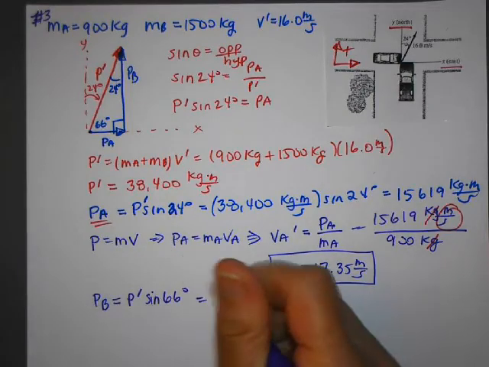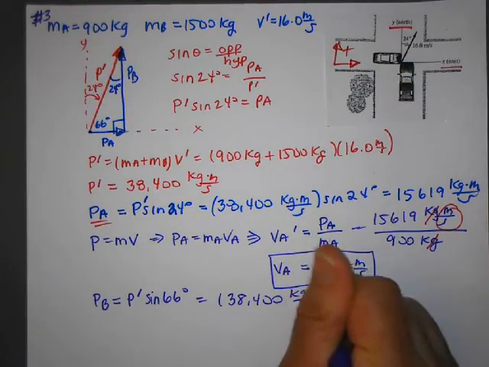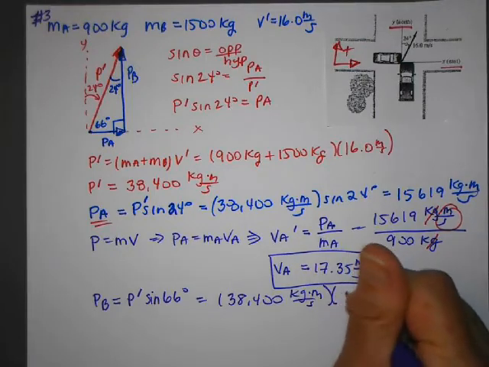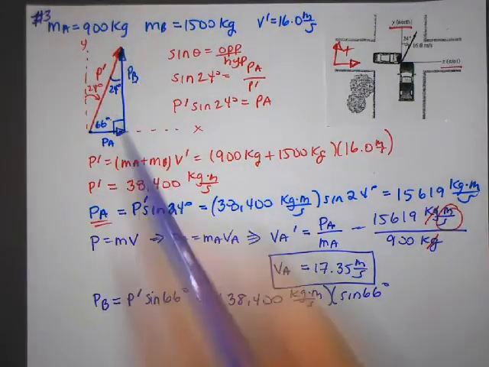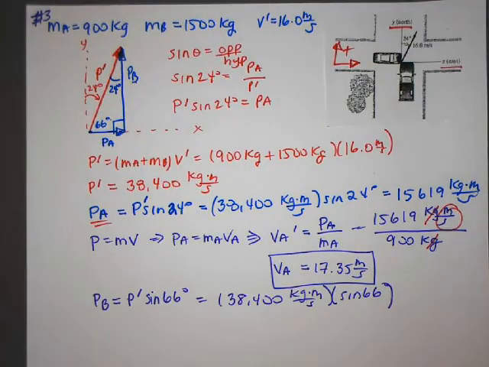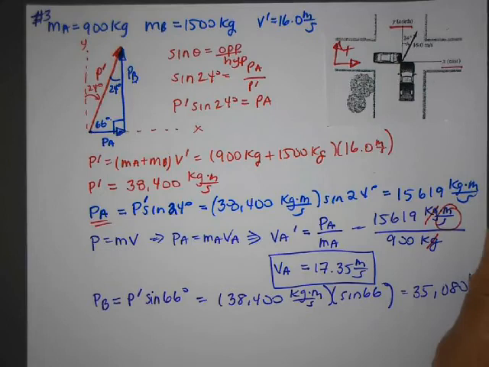So then I'll say 38,400 kilogram meters per second times the sine of 66 degrees, because PB is opposite the 66 degree angle. So that comes out to be 35,080 kilogram meters per second.